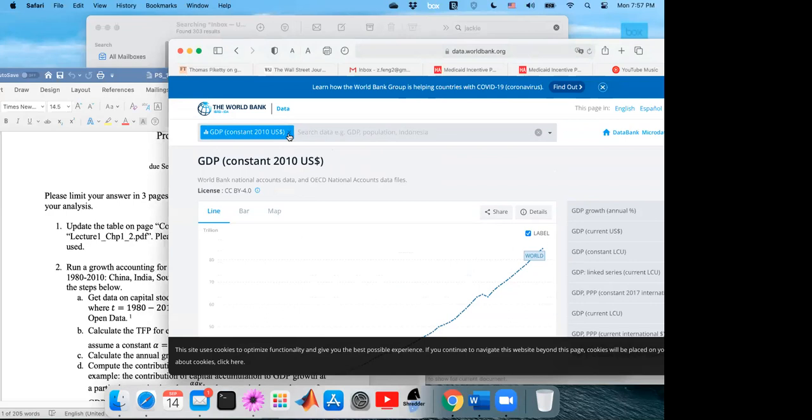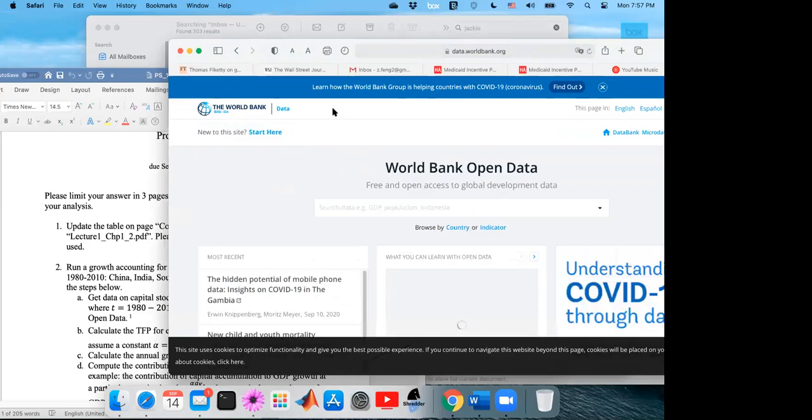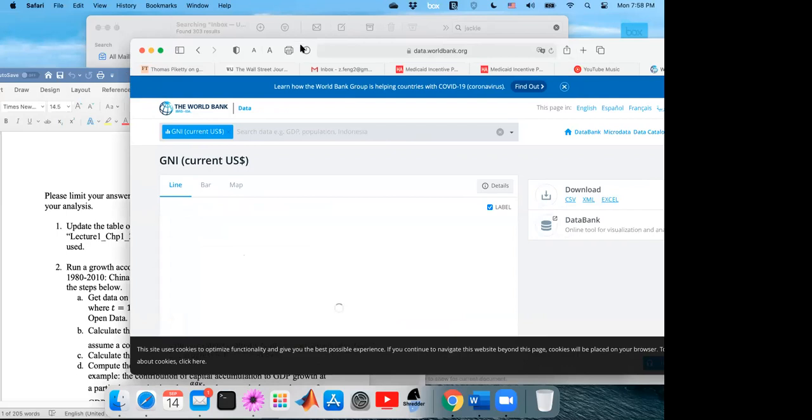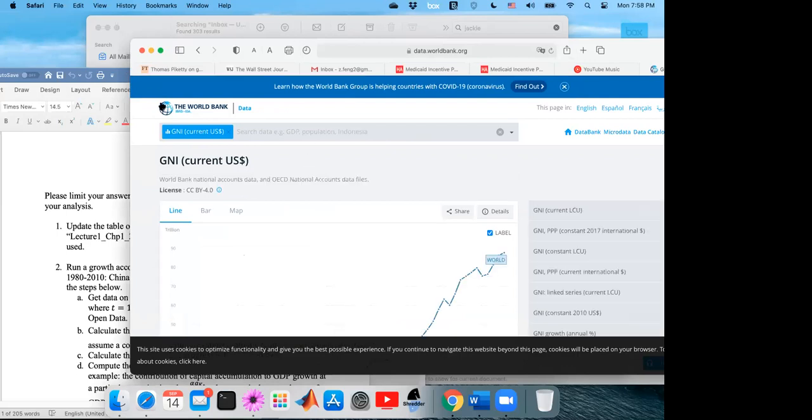Yes. Okay. So GNI, I'm not sure. It says in the overview or details section: GNI per capita, formerly GNP per capita, is the gross national income. Oh, I see. Okay, so yes, you can use that for sure.